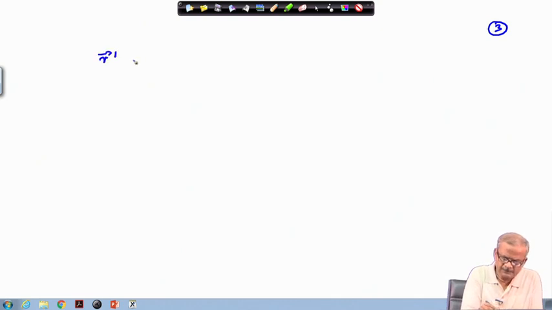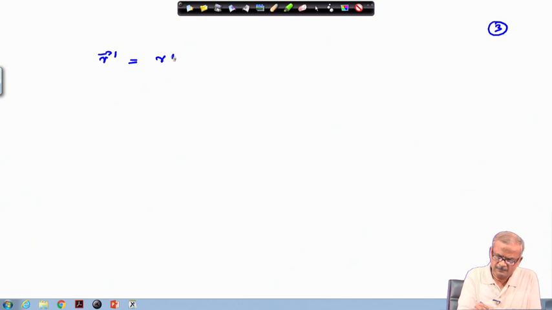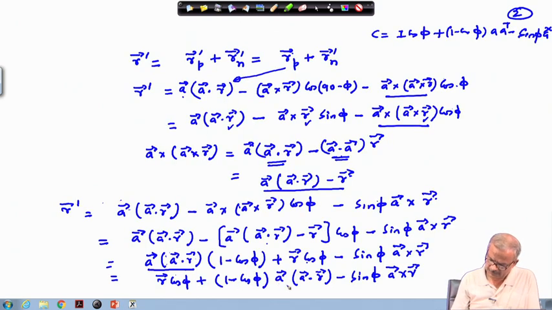So, our r prime becomes r cos phi, then 1 minus cos phi.